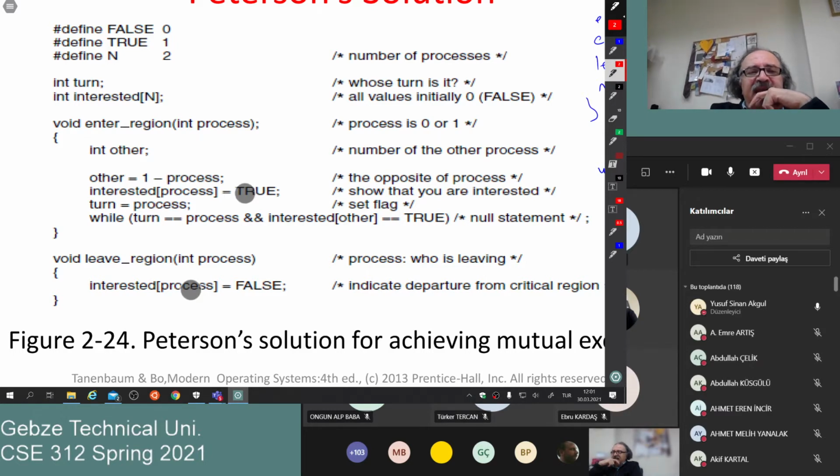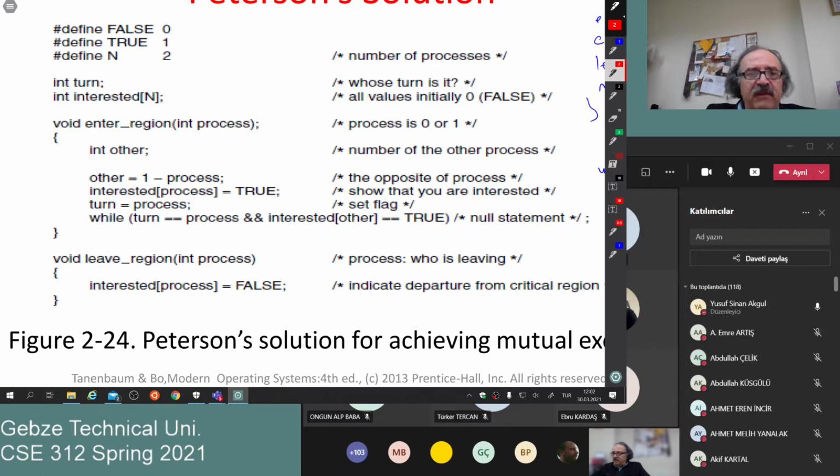And then I am saying that I am interested in entering the critical region, and the turn is going to be my process number. If this is 0, then this is 0. But that doesn't mean that I can enter the critical region, because the other process might be interested in entering the critical region.